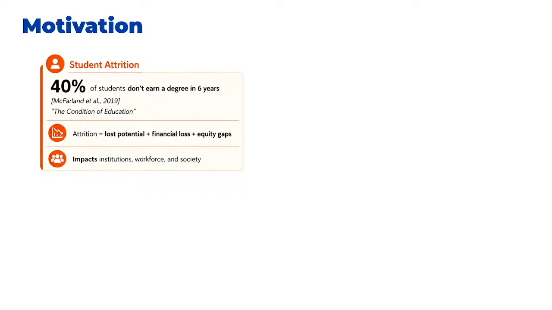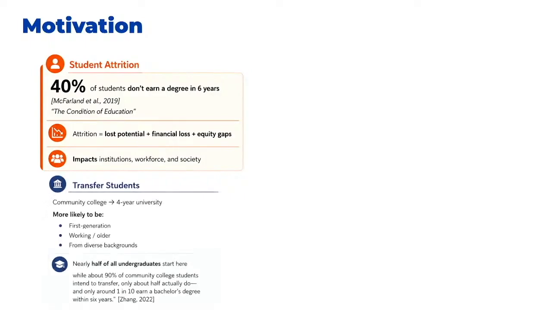When this problem comes to transfer students, it becomes even more complex. Transfer students are those who started, the majority of them in my data set, at a 2-year community college and then transferred to a 4-year university such as OU.